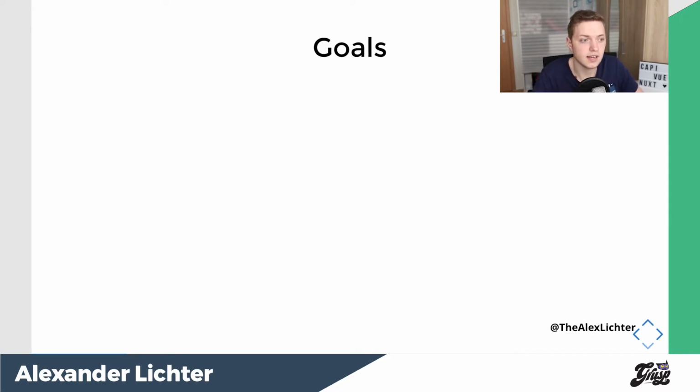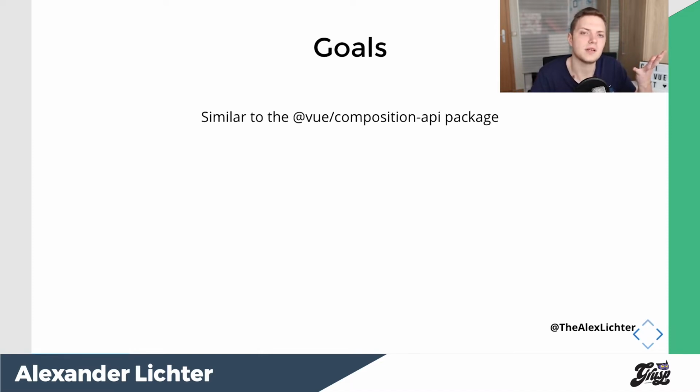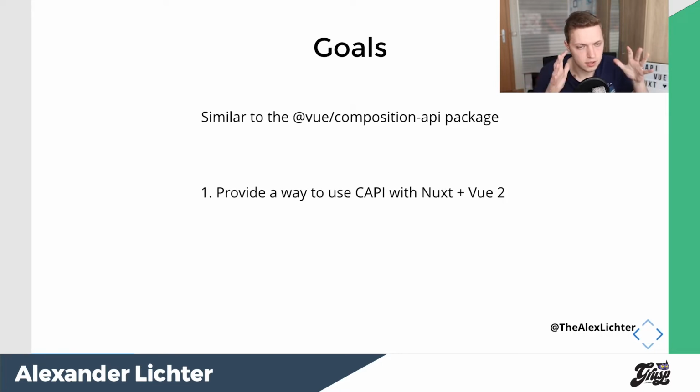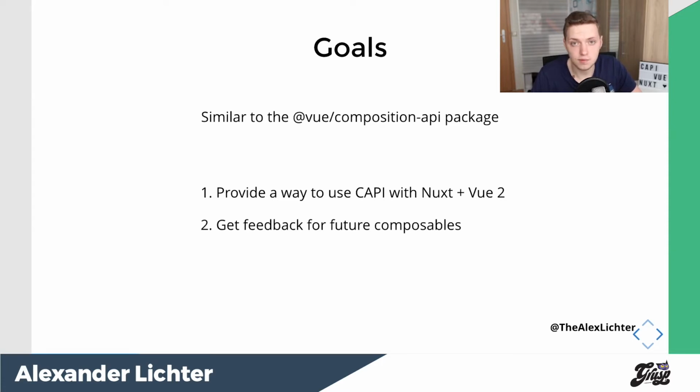Yeah, and let's take a look at the goals here as well, because they're quite similar to the Vue Composition API package goals. The first one is to provide a way to use the Composition API with Nuxt and Vue 2. So just being able to use it, ideally with almost no limitations. And of course, the second goal is to get feedback for future composables. So just get ideas.